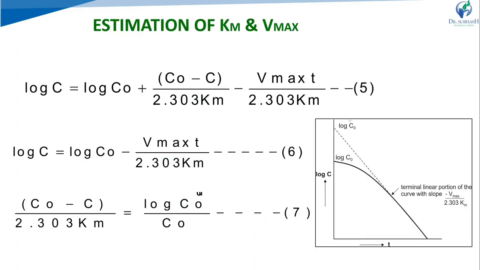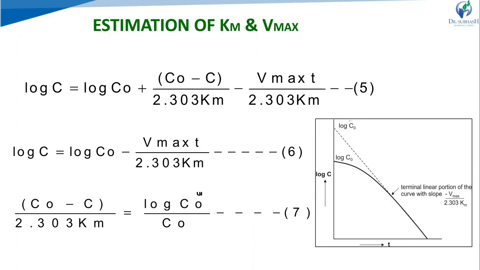Now we have to find out the estimation of Km and Vmax. These are parameters of capacity limited processes like metabolism, renal tubular secretion, biliary secretion, and absorption. Km and Vmax can be assessed from plasma concentration time data collected after IV bolus administration of a drug with non-linear elimination.